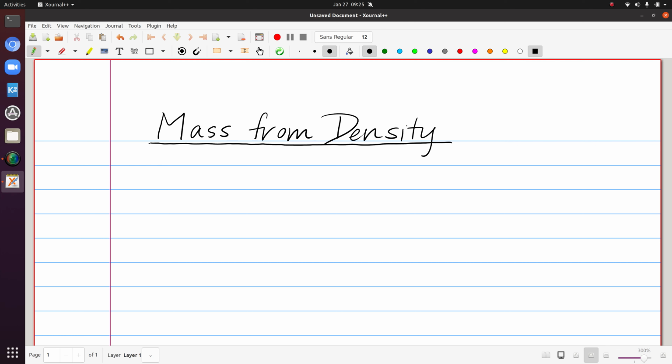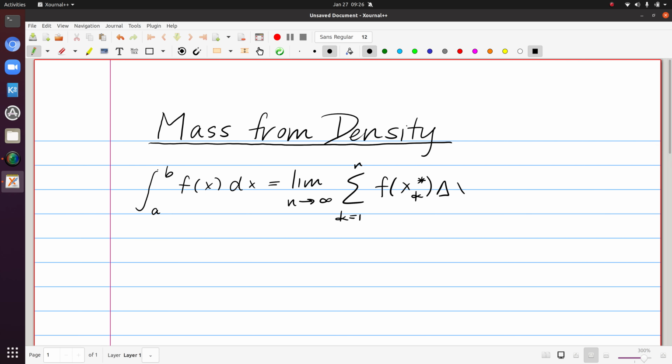When we think about an integral, the integral is coming from a limit of a sum, but in particular, the terms of that sum each involve a product.